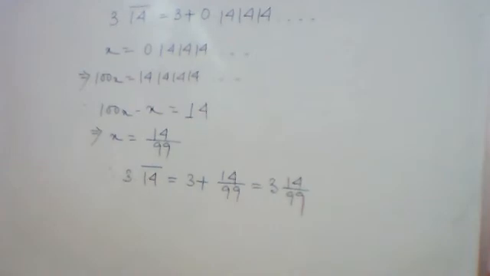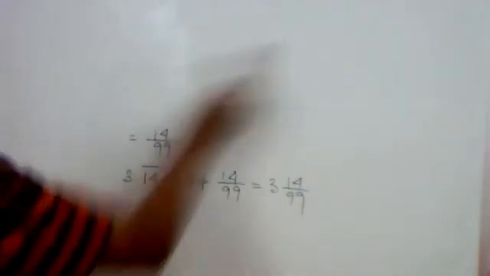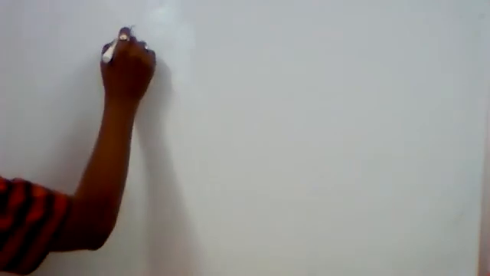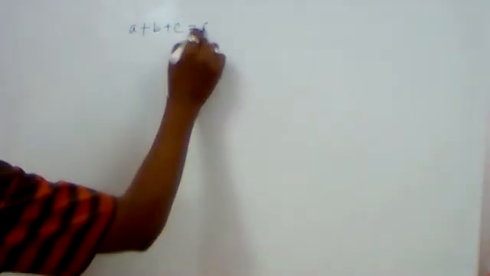Next, we will discuss another problem from laws of index. Before going to start the next one, there is some observation. The problem is, it is given that a plus b plus c is 0. It is given in the question.